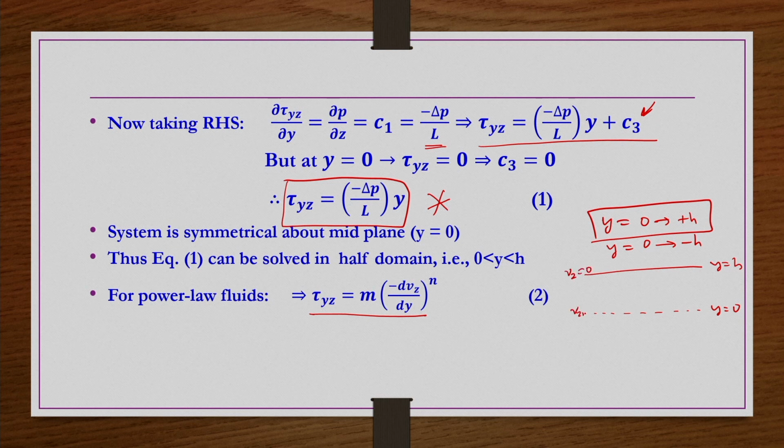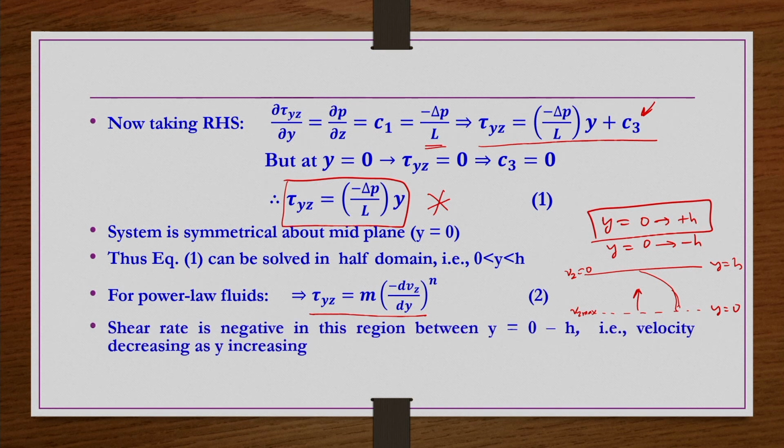As y increases, the velocity decreases, so the flow profile looks something like this. That means the velocity gradient is negative. That is the reason we have taken minus dvz by dy, since the velocity is decreasing as y increases in this region between y equals 0 and h.